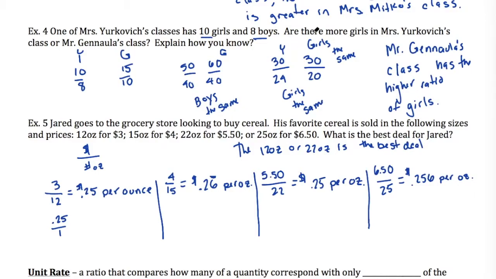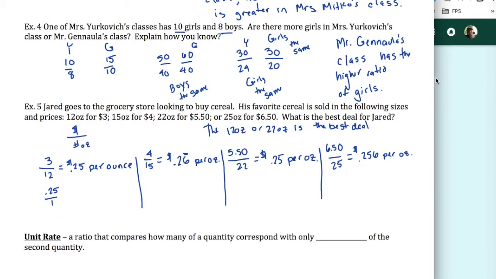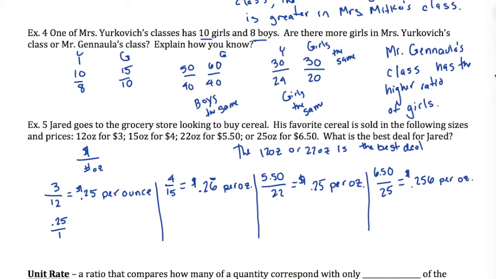Now, I just want to show that there is a different strategy for going about this, kind of like we did last time. So, when we divided dollars per ounce, we got some messier numbers. If we had instead done ounces per dollar, we'd have got some nicer numbers here. So here we would have gotten 4 ounces per dollar.